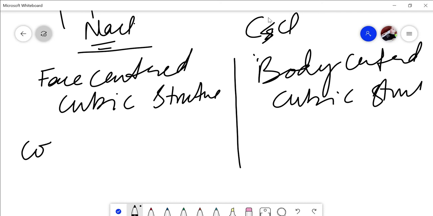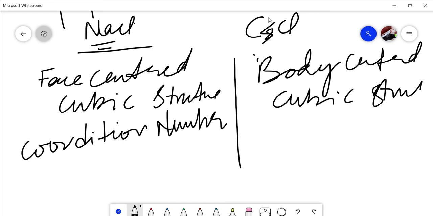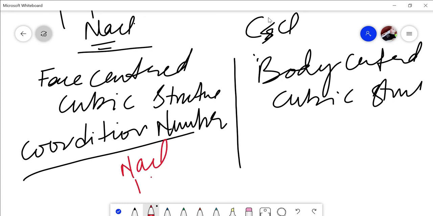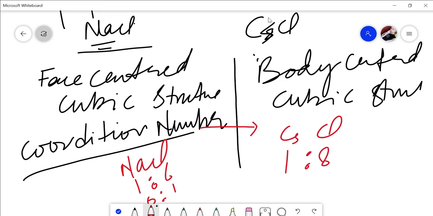The coordination number here in sodium chloride is 6:6, and the coordination number for cesium chloride, Cs and Cl, is always 8:8.